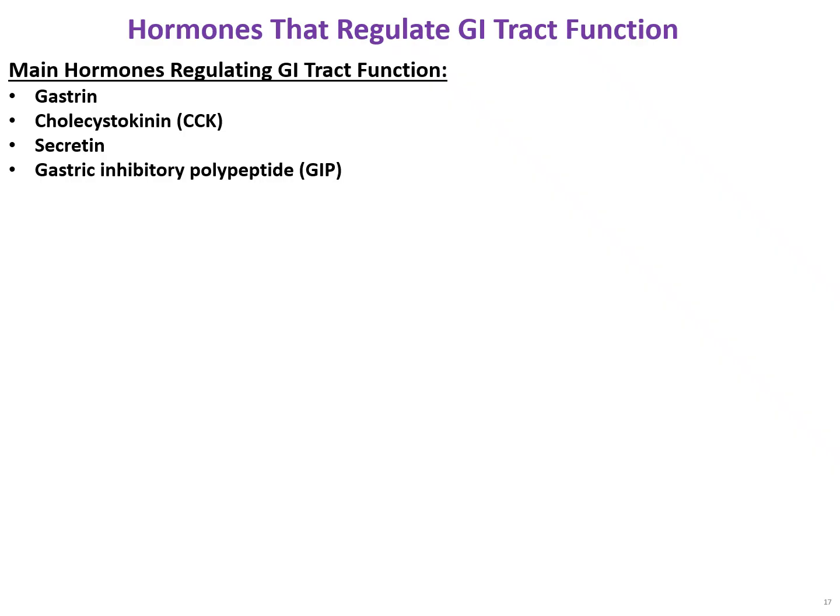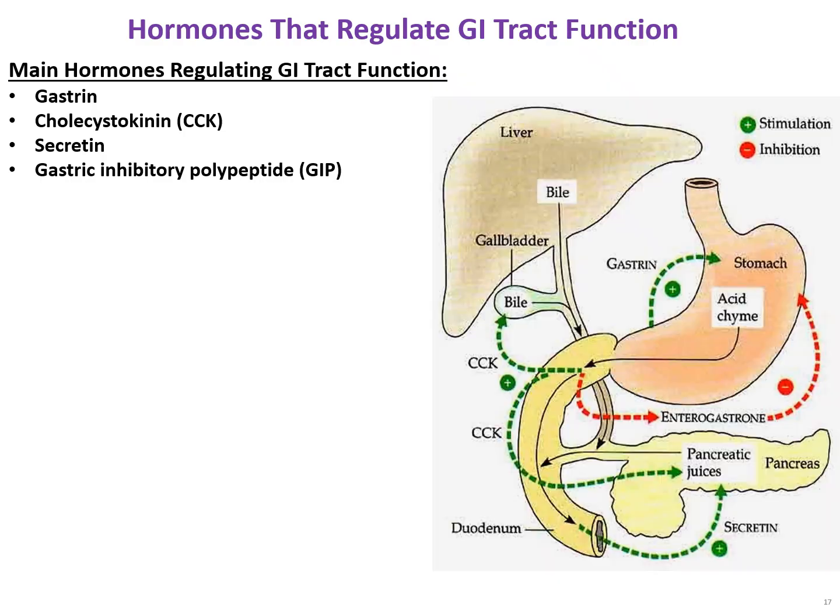All right, so when you see the interplay of these four important hormones on the GI tract, the positive sign is the stimulation, the negative sign is the inhibition, right? In the stomach, we have an acidic environment, acid chyme.